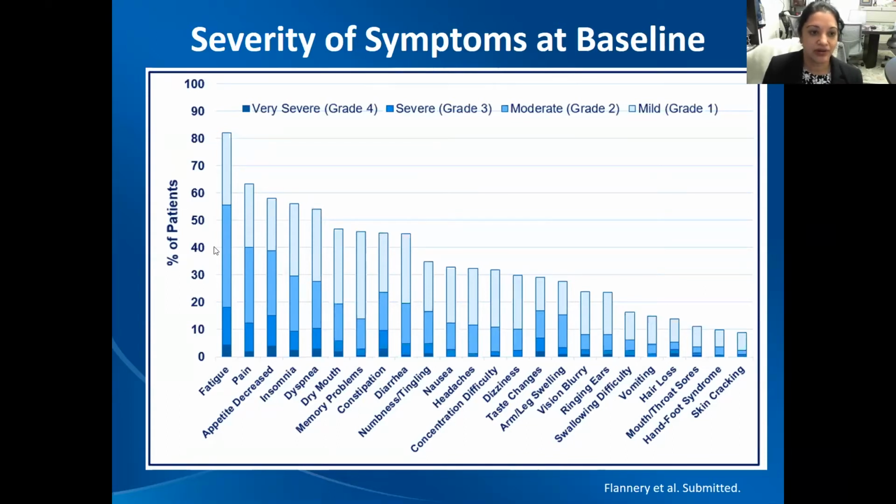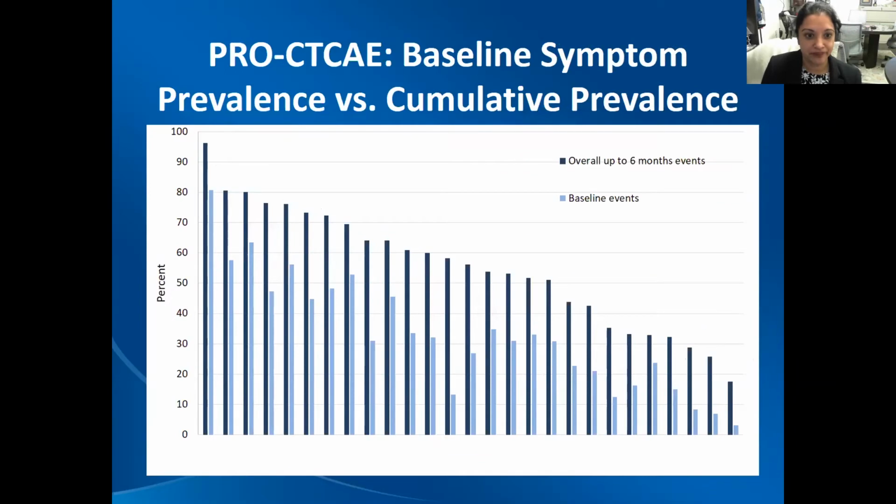There was a high prevalence of symptomatic burden at baseline, with fatigue, pain, decreased appetite, and insomnia being very highly prevalent, with patients reporting them as reasonably severe, not very severe. Grade 4 was infrequent, but we had quite a few patients with both grade 2 and grade 3 at baseline. And so we're seeing a lot of baseline symptom burden.